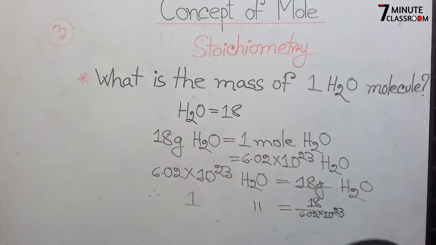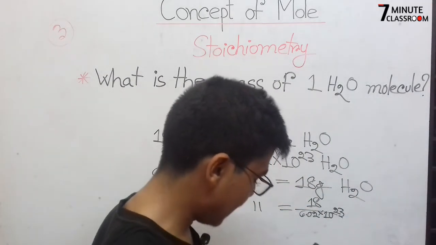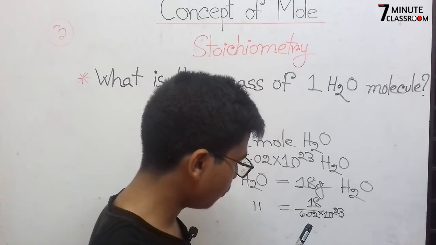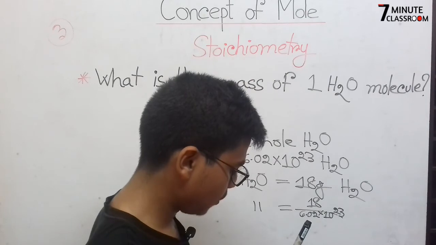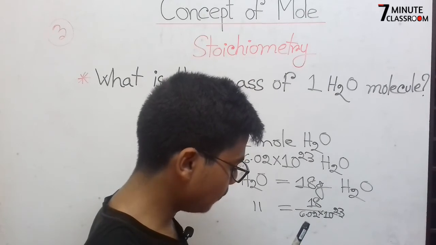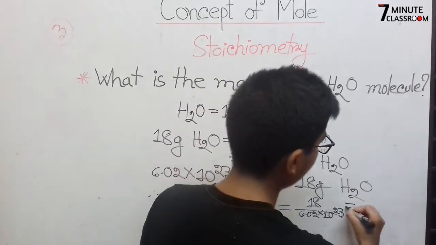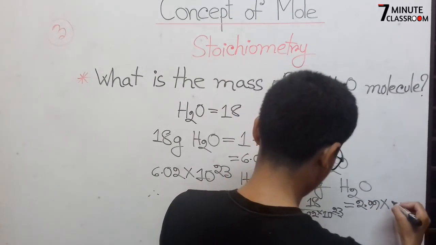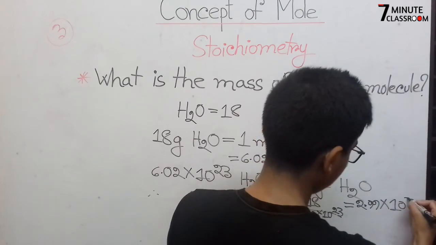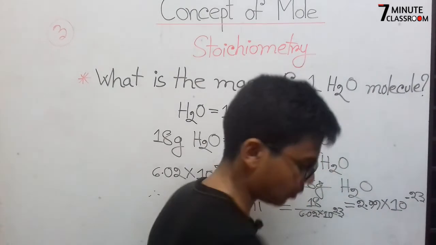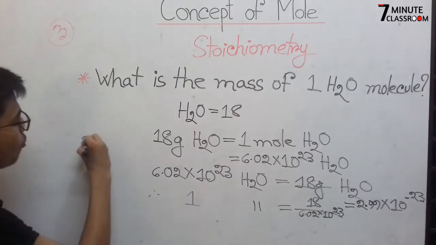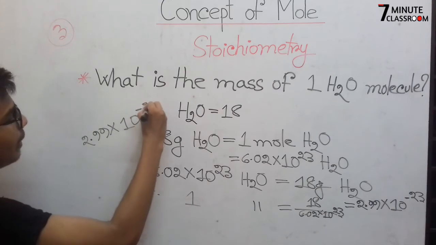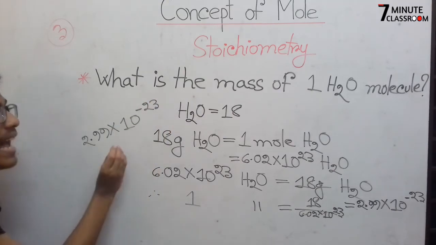If we calculate 18 divided by 6.02 into 10 to the power 23, it will be 2.99 into 10 to the power minus 23. So the answer is 2.99 into 10 to the power minus 23.